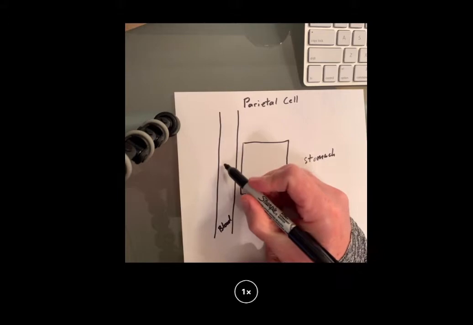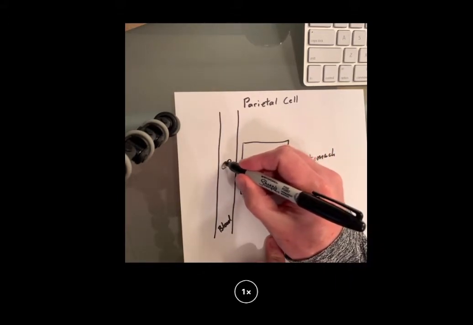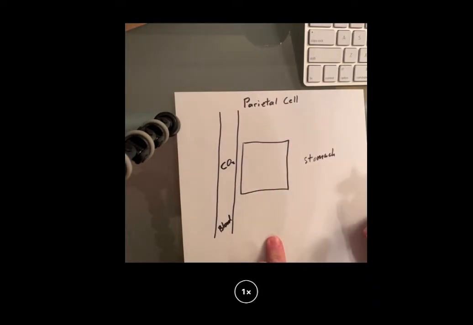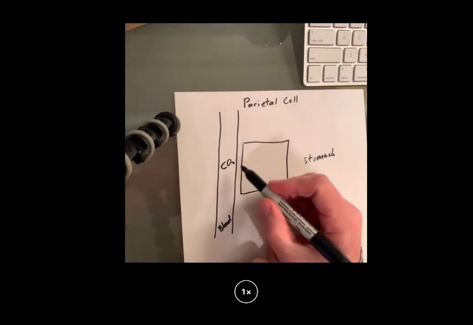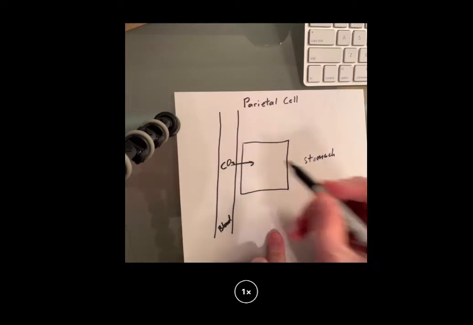So you're going to have CO2 in your blood. And what the parietal cell does is it brings in the CO2 from your bloodstream into the parietal cell.